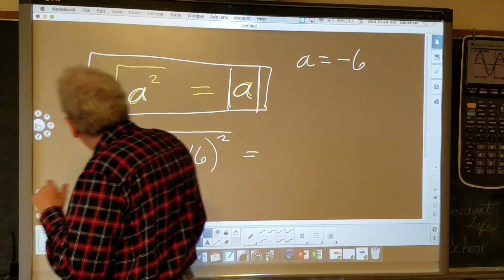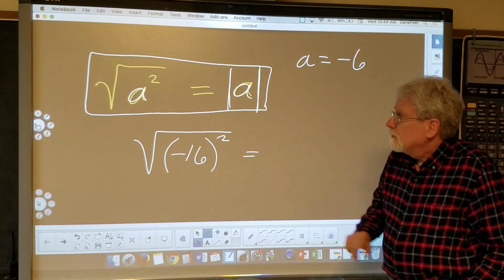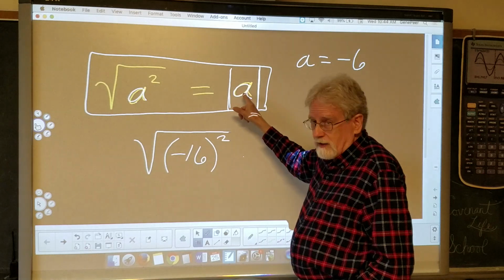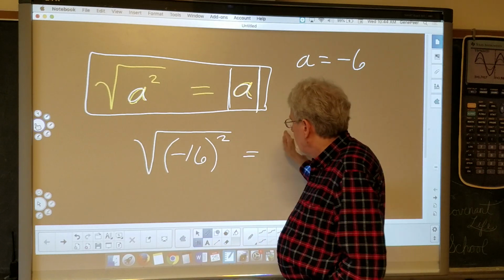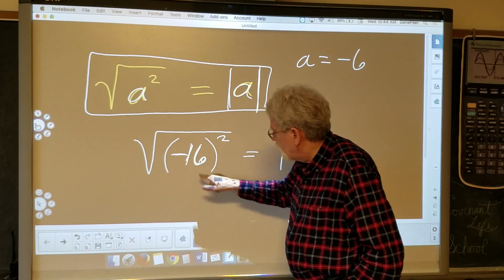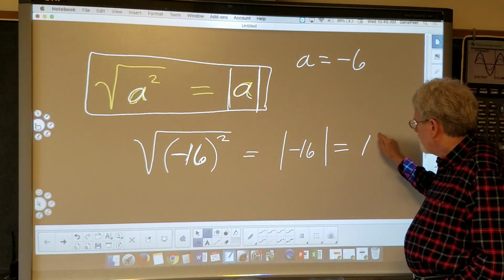Okay, you also don't have to multiply 16 by 16, because we know that the square root of a squared is the absolute value of a. So that means that the square root of negative 16 squared must be the absolute value of my a value, which this time is negative 16, which is 16.